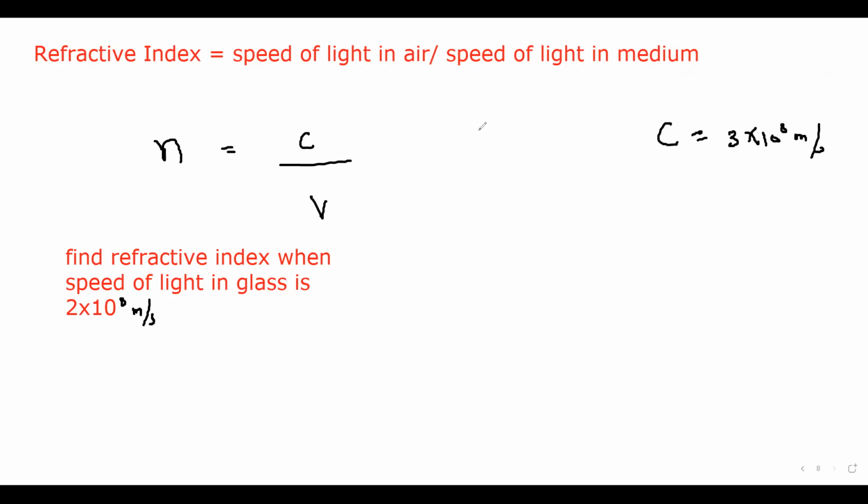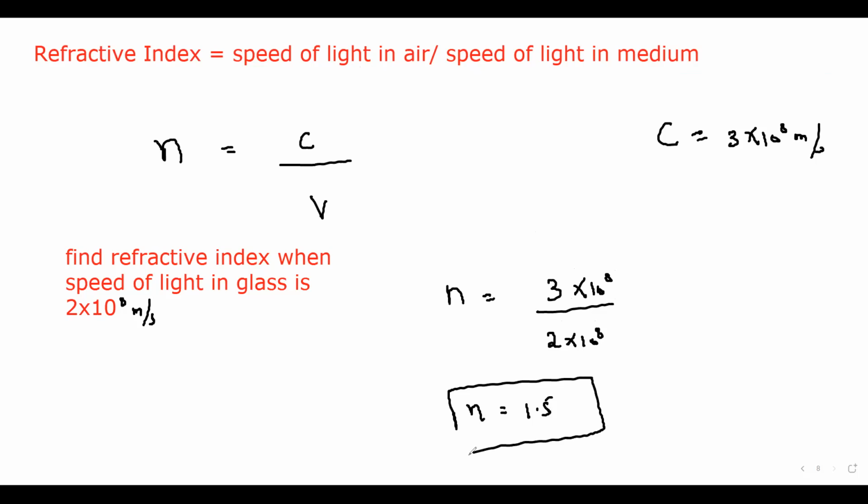So in this example, the refractive index is the speed of light in air, 3 times 10 to the power 8, divided by the speed of light in glass, 2 times 10 to the power 8. When we divide the two values, we get 1.5. So this is the refractive index of this glass.